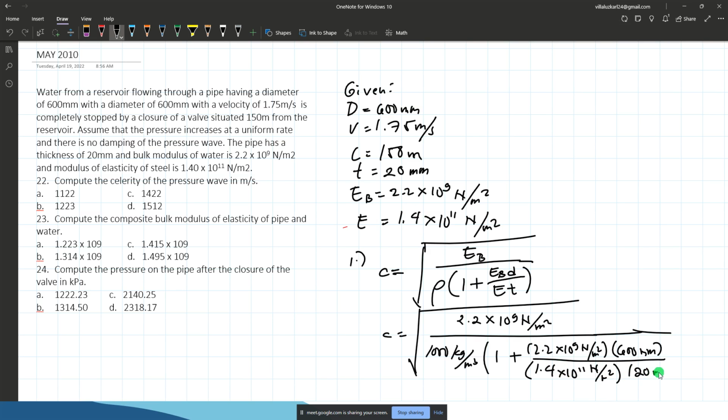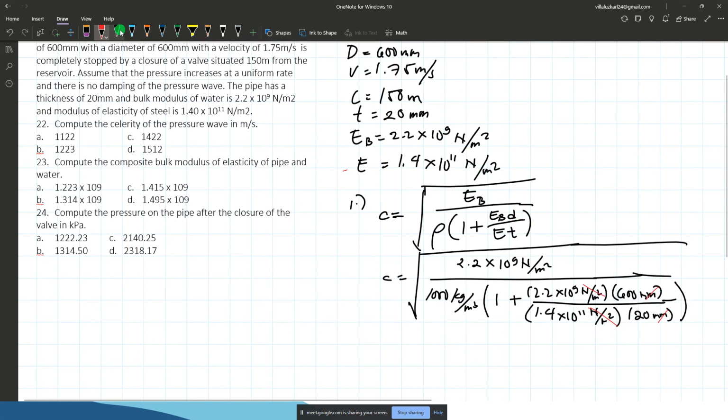So this is your solution. We cancel the units, and the remaining unit is Newton per meter square divided by kilogram per cubic meter. The equivalent, when we take the square root of those units, is meter per second.